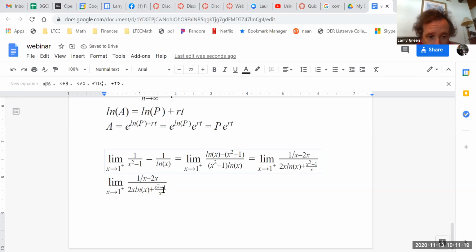And when I do that, this x squared minus 1 over x just becomes x squared minus 1. We're going to have a 2x squared ln of x. The 1 over x becomes 1. And then minus 2x squared.